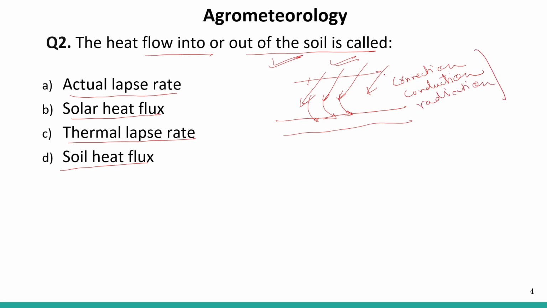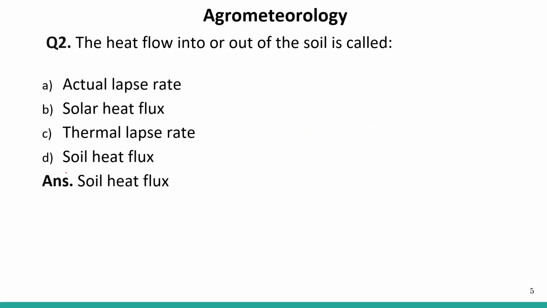So this is the heat flux going to the soil region via convection, conduction, and radiation. That is called as the soil heat flux. So the correct answer is soil heat flux.